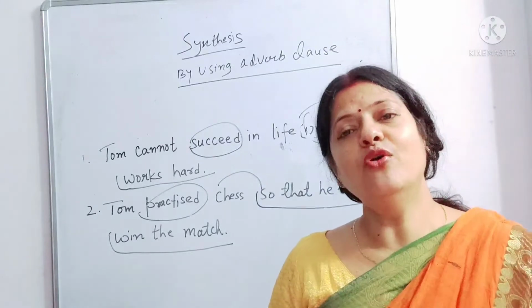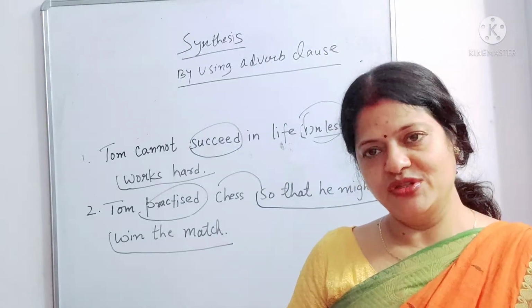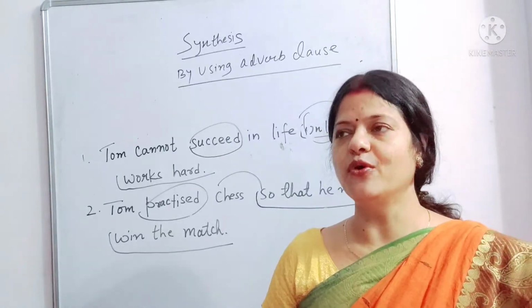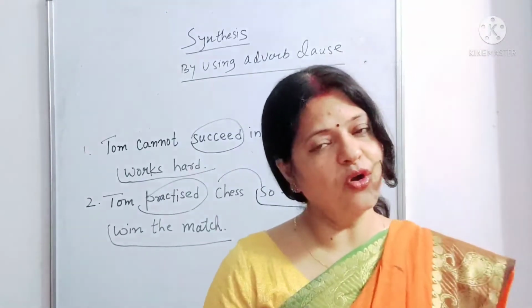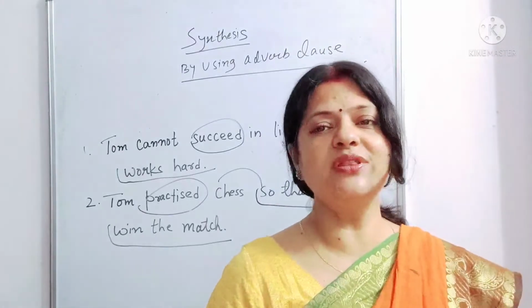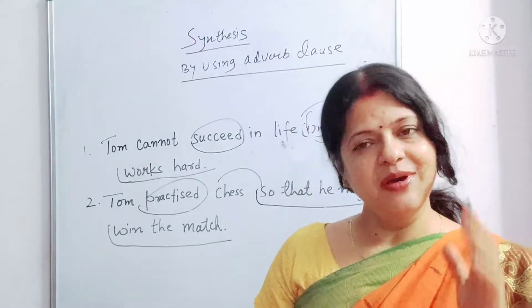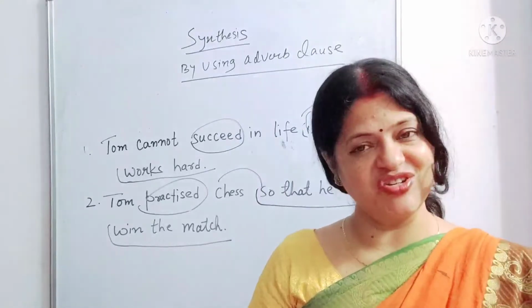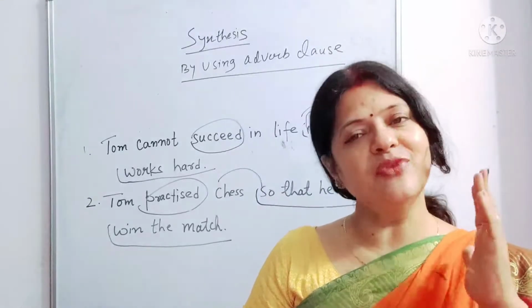Now we will know more about adverb clause. There are so many works of adverb clauses to show in sentences: time, purpose, condition, result, contrast, etc. We will know them one by one.